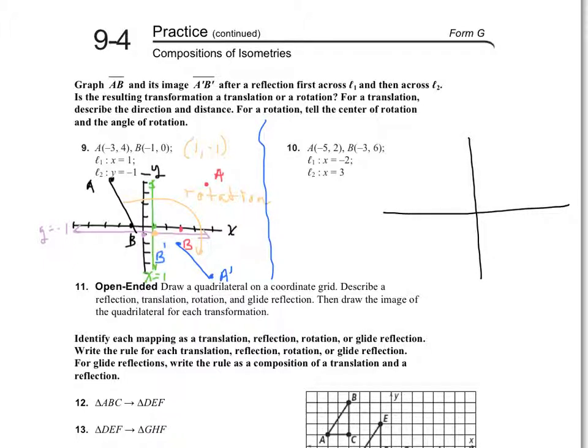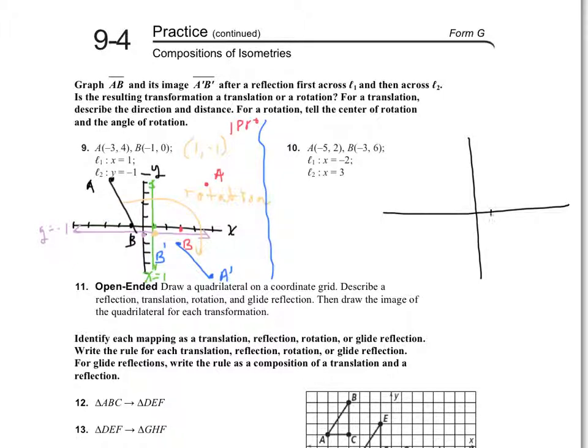And mind you, if I had real graph paper, it would look a whole lot more accurate. Oh, we didn't do the angle of rotation on this other one. It's much harder to see on here, but the angle of rotation on this one is 180 degrees, but it's hard to tell because we're not using graph paper, so it doesn't look like these are a straight line. But let's not let that bother us.